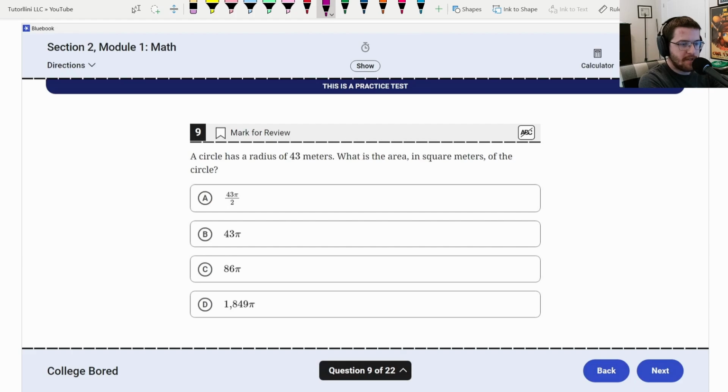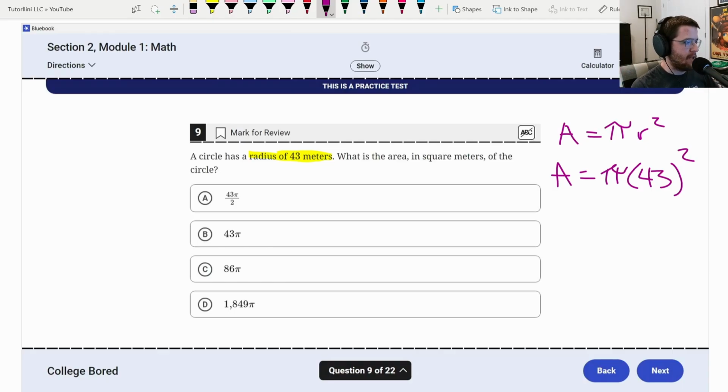Okay, question 9. From the reference sheet, the area of a circle is pi r squared. They tell us that the radius is 43, so r is 43. You can either use a scientific calculator, which can simplify with pi, or you can just type in 43 squared on your calculator and then remember to slap a pi at the end.